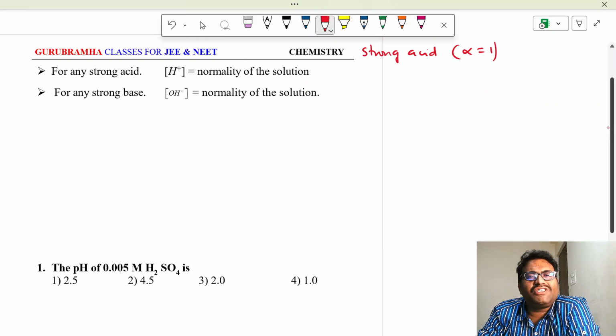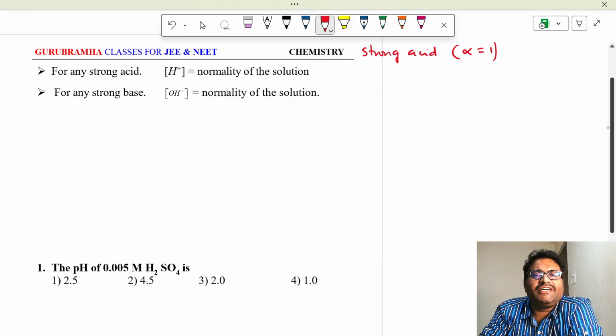That means it dissociates completely. When it is equal to 1, however much acid you drop into water, the complete acid will be dissociated. There will be no undissociated molecules. Strong acid means that.